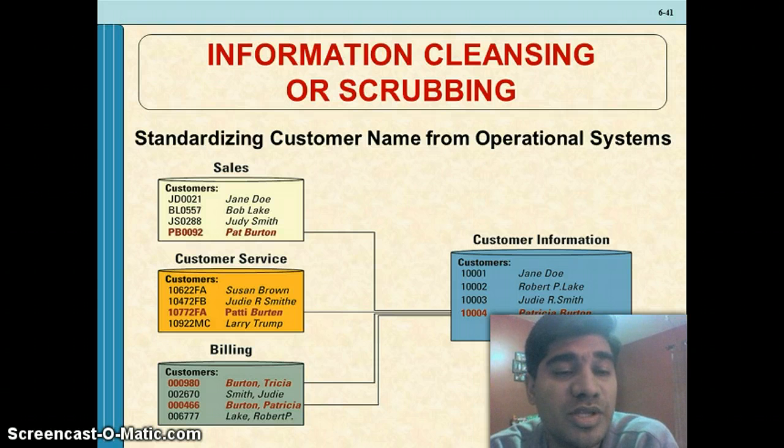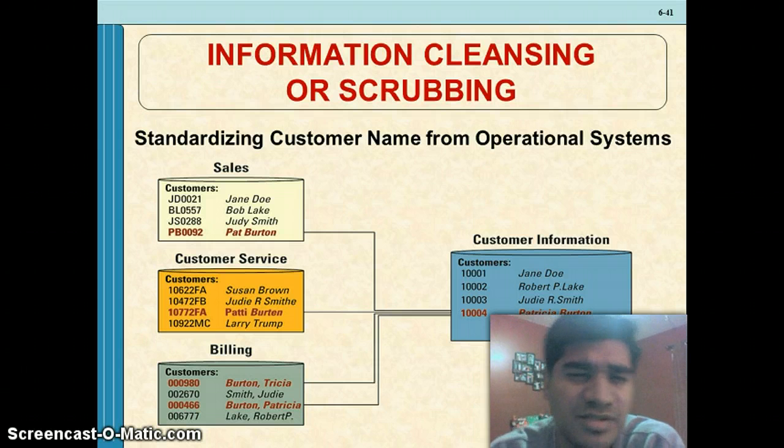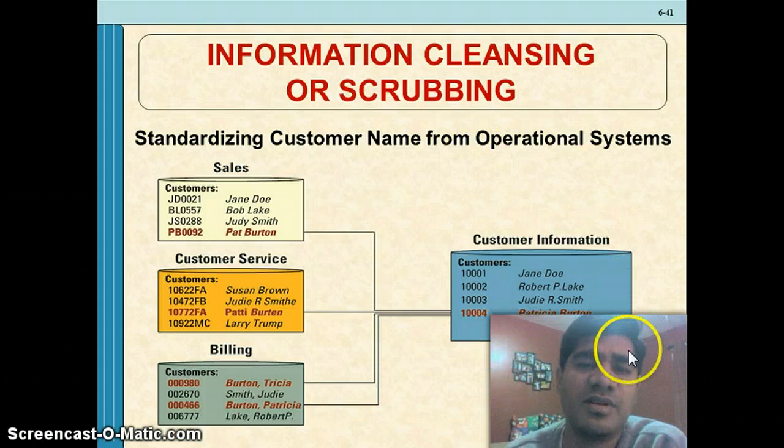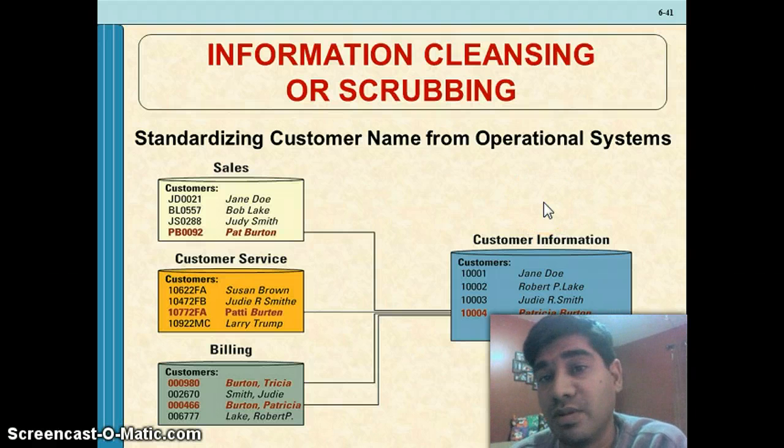Now, all of those could be consolidated in one single database, which is customer information, and then everybody is assigned a single ID, as you can see on the right hand side, where you have the customers 10,001, 10,002, 10,003, and 10,004, and so on. And then the person that is missing is added on as a unique customer to the table.